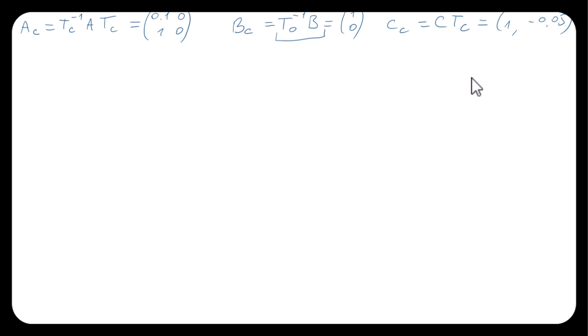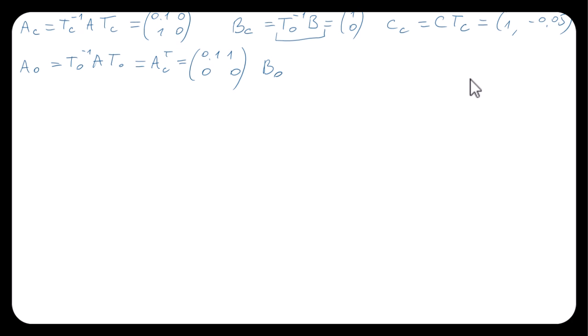With observability it is even simpler, because now you need AO, which is TO inverse times A times TO, and this is just the transpose of AC. So this will be equal to AC transpose. You have multiple ways to get this, and this will be 0.1 and 0 here, but here we switch between 0 and 1.